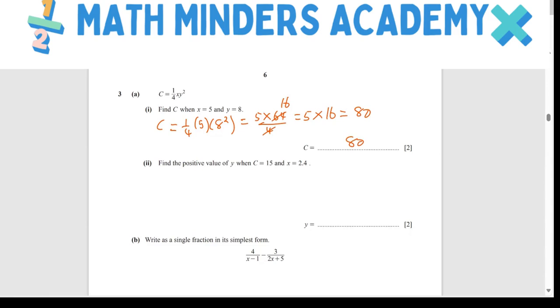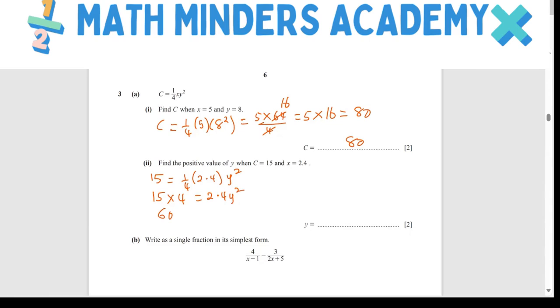Okay, find the positive value of Y when C is 15 and S is 2.4. So we have 15 equals 1 over 4 into 2.4 Y squared, all right? So we have 15 times 4 equals 2.4 Y squared, right?